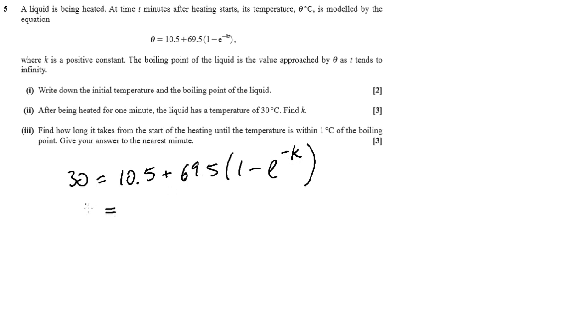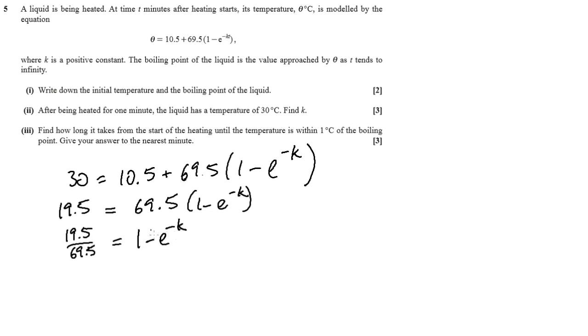With that, we rearrange to get 19.5 equals 69.5 times 1 minus e to the minus k. Divide both sides by 69.5, we get 19.5 on 69.5 equals 1 take e to the minus k.